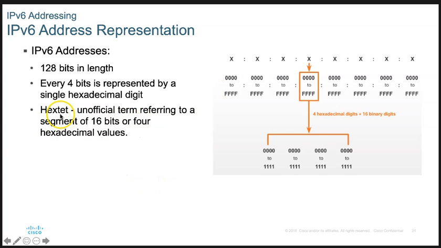In IPv6, we use the term hextet: this is not an octet because it's not 8 bits, this is a hextet because it's 16 bits. Every digit stands for 4 bits.